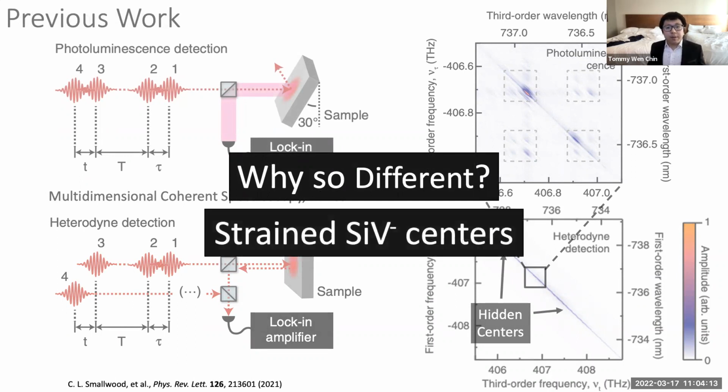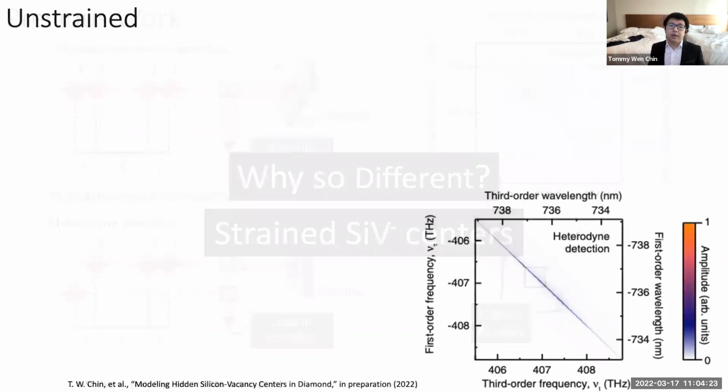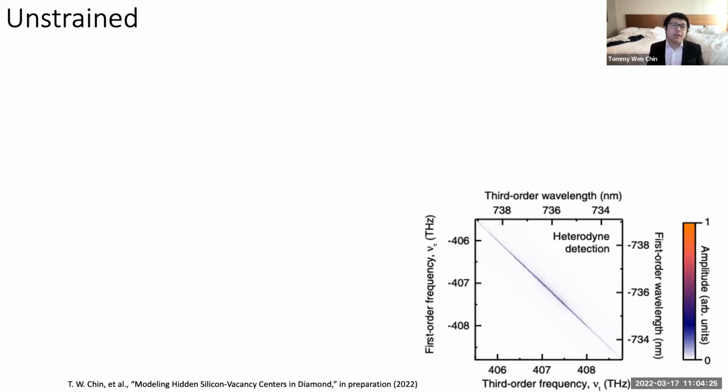The paper referenced below provides a number of compelling arguments that strain in SiV centers plays a significant role in this difference. In my specific project, I'm working on follow-up work to this research, developing theoretical models of our system that can hopefully explain this difference.